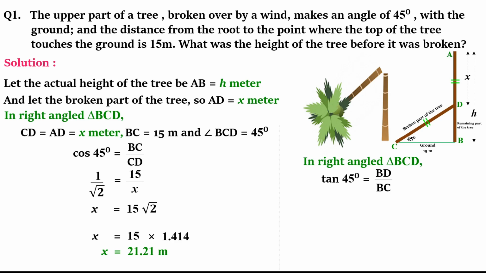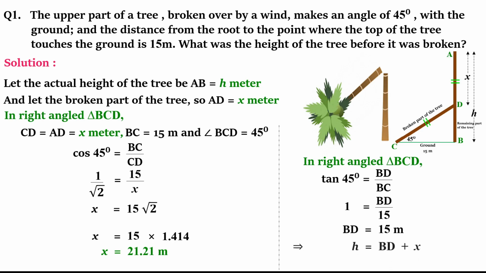Perpendicular is BD, that is unknown. So an unknown side with a known side and the angle. So tan 45 becomes equal to BD upon BC. This is perpendicular upon base. So when we substitute the values, tan 45 I know it is 1, BD unknown value, BC is known 15. So from here I get the value of BD as 15 meter.